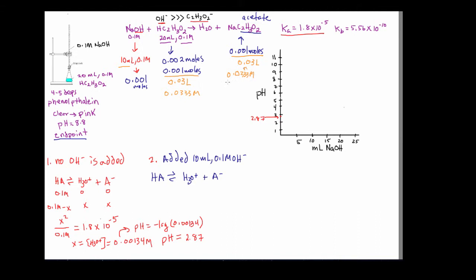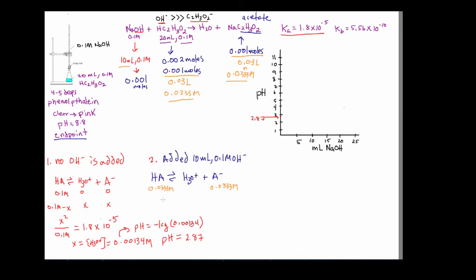All right, so we have literally the same concentration of each at this point, and this is a significant issue that I'll get into in a minute. So initially we have 0.0333 molar of the weak acid, and we have 0.0333 molar of the conjugate base.